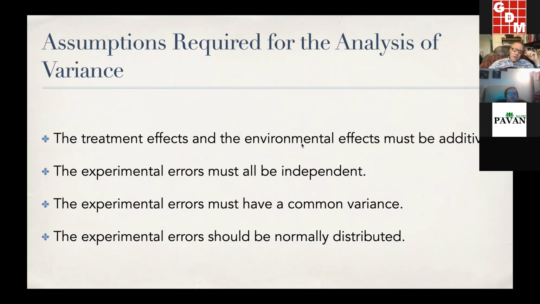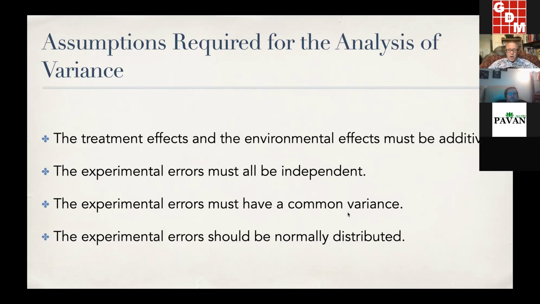Okay. Experimental errors must all be independent. This is a little harder to take for granted. We assume the plots are exchangeable. We assume that you can apply a treatment to any one plot in the field and it's not going to make any real difference. But there is a test to see that these errors are independent.